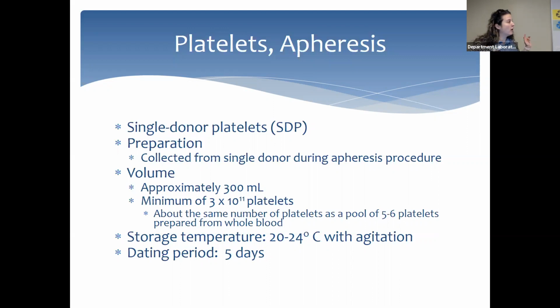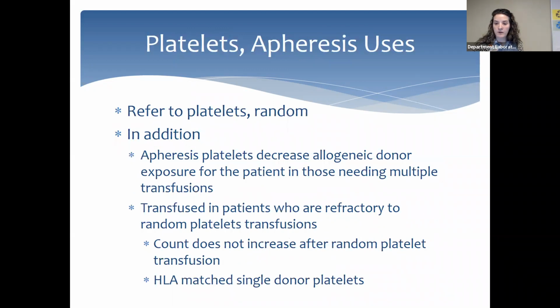And just like our platelets from whole blood collection, they're stored at room temperature, 20 to 24 degrees with agitation, okay? And the same dating period, 5 days from collection because it's kept at room temperature, okay? It has the same indications of use as our platelets from whole blood, right?